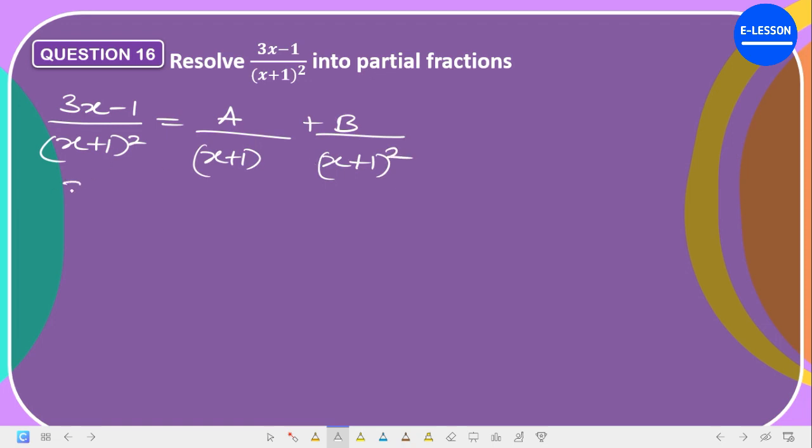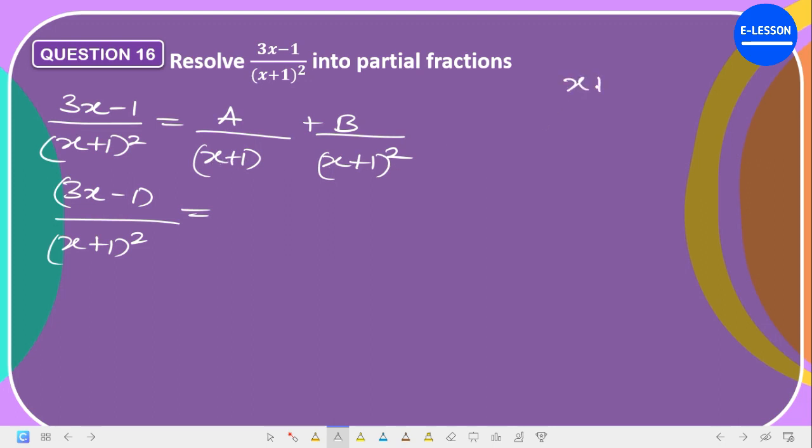We need to find the values of A and B. The reason we did it like this is that it is a repeated factor. Are we getting it now? You first put s plus 1, then s plus 1 squared.